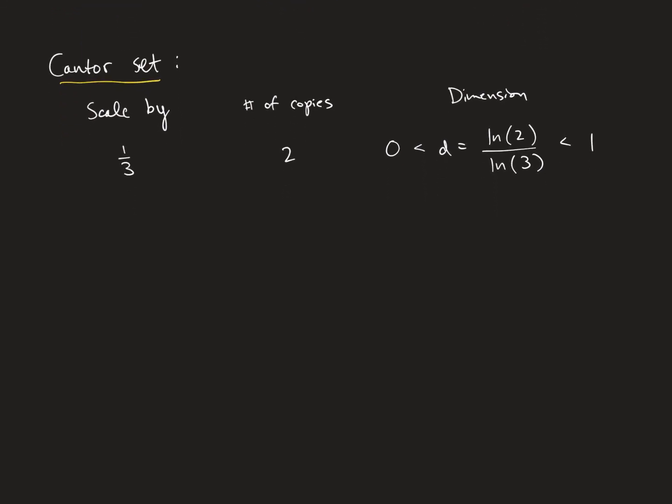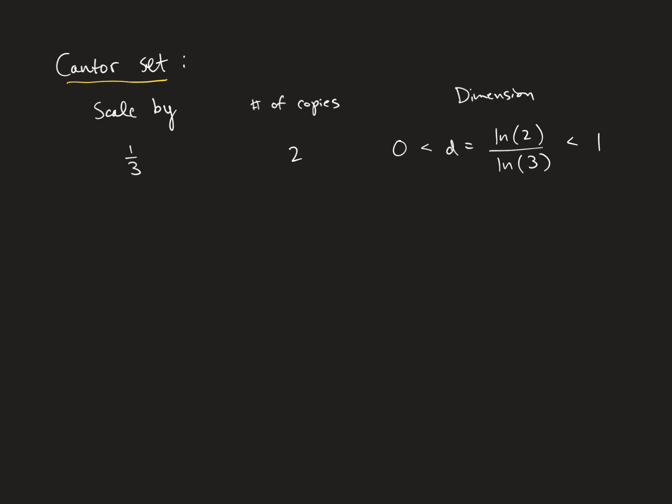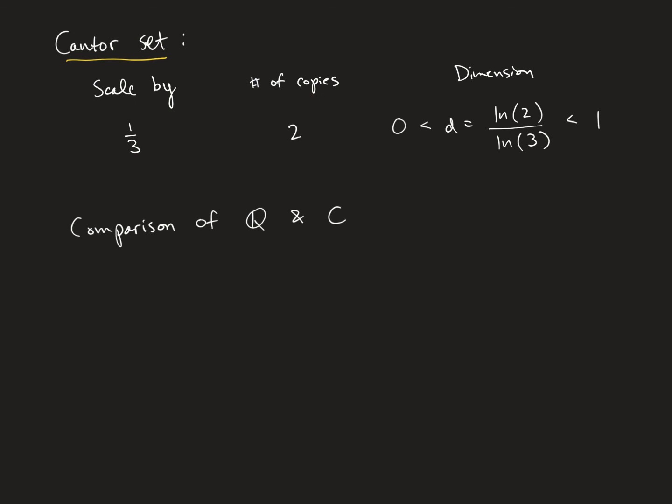So it might be useful to compare the rational numbers and the Cantor set. In terms of cardinality, just purely set theory-wise, the rationals are smaller than the Cantor set, right?